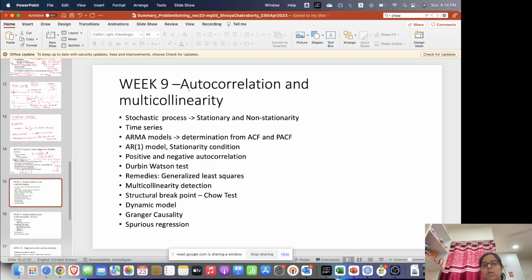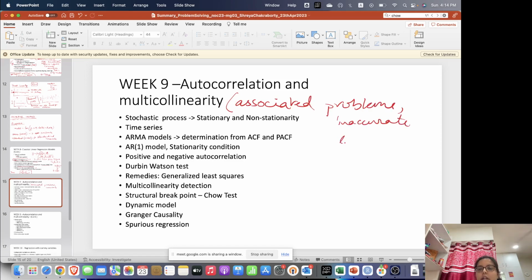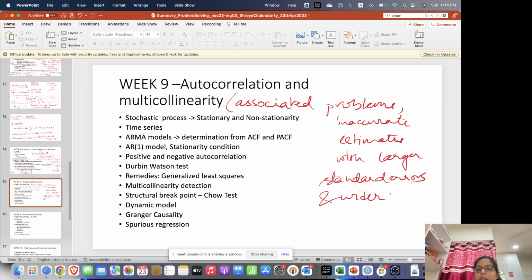Now this one, we were talking about autocorrelation and multicollinearity, how to detect and what associated problems we should know. We would have inaccurate estimates with larger standard errors and wider confidence intervals.